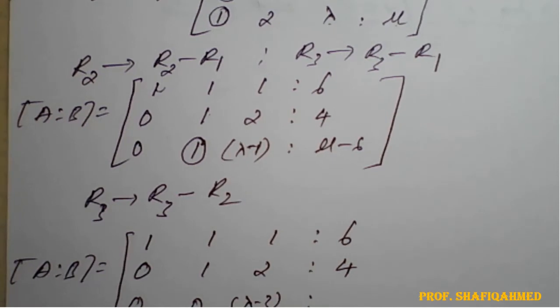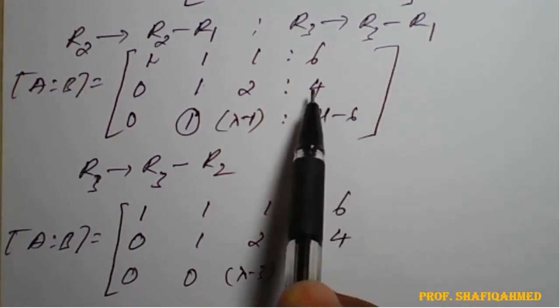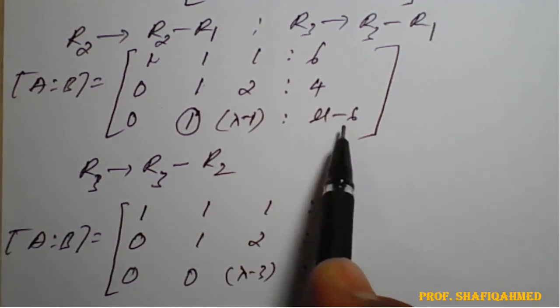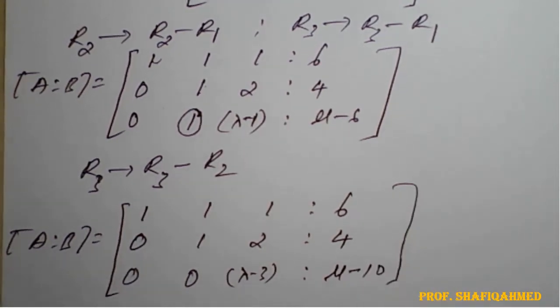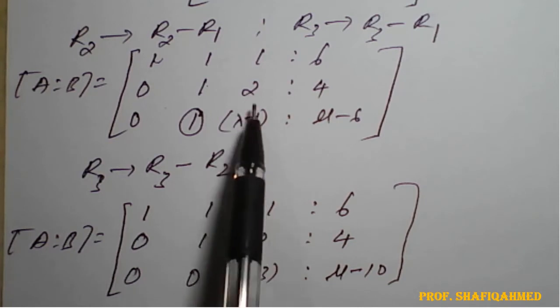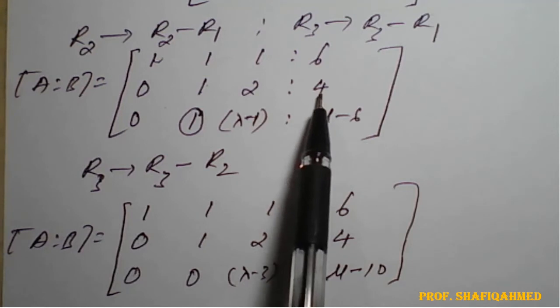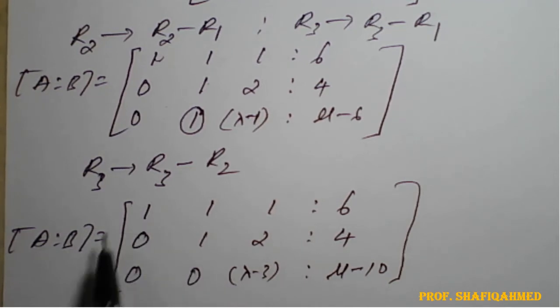Next, mu minus 6 minus 4 becomes mu minus 10. Check the calculation: lambda minus 1 minus 2 is lambda minus 3, and mu minus 6 minus 4 is mu minus 10. This is the echelon form.